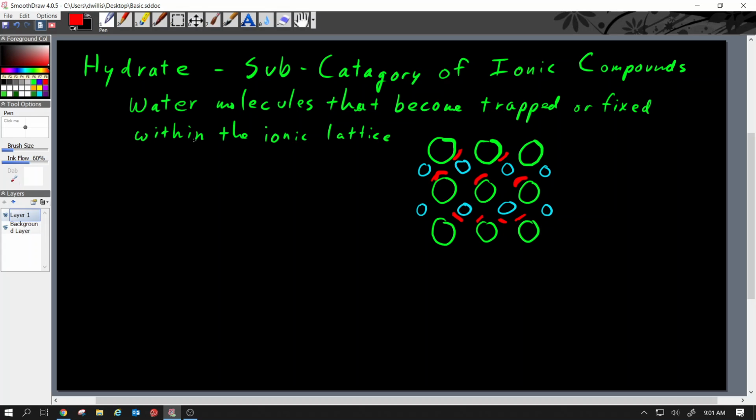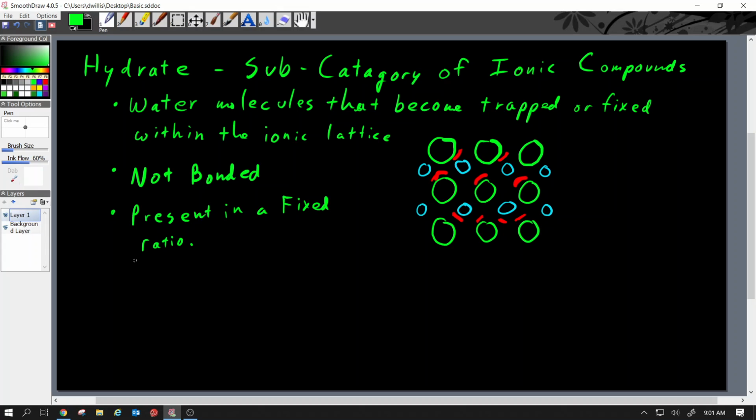All right. So I'm going to say that they are not bonded. But they are present usually in a fixed ratio. And so we've got those water molecules, and they are in a fixed ratio.